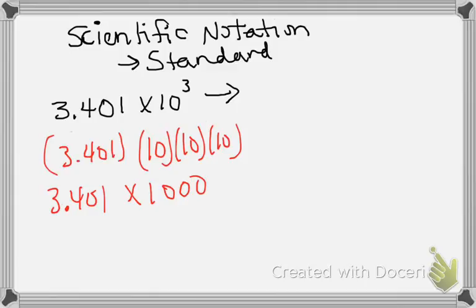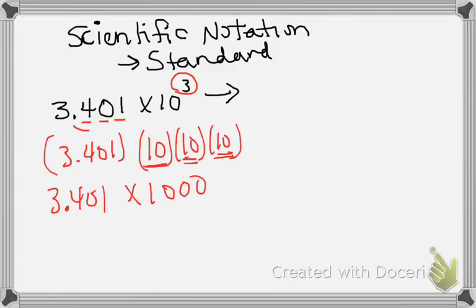Now, there is another way. You could actually move the place value, because remember, every tenth is a place value. In this case, we can move the decimal over to the right. Because the exponent is positive, that means we go to the right. So 1, 2, 3, because I have 3 as my exponent.